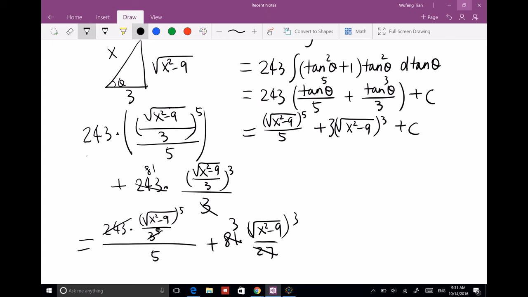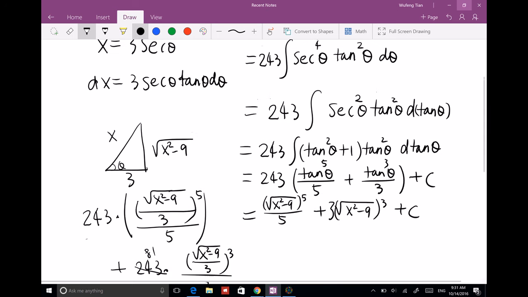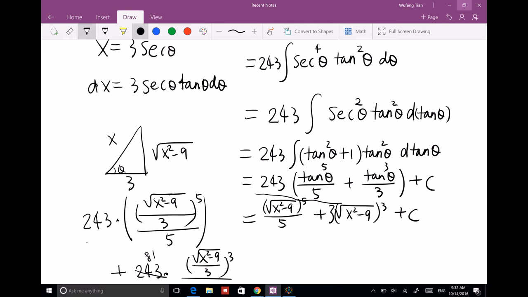x squared minus 9 to the power 5 over 5 plus 3 square root of x squared minus 9 cubed. Does that make sense? Yeah, I wasn't distributing the 243. Yeah, I think that's how you. That's the final answer. Okay. If in the test you got this one right, at least I probably will mark off 2 points from here to here.